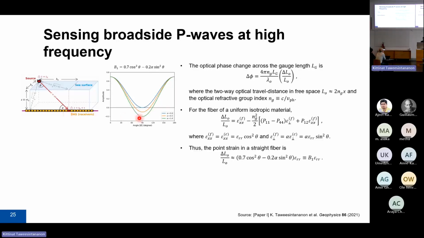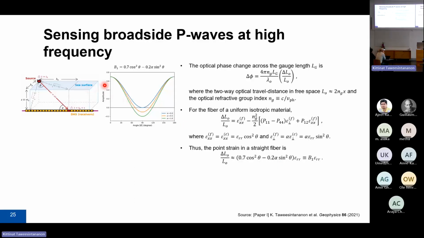So here I simplify this by combining these two terms into this, and alpha is the ratio between the transverse strain of the fiber and of the outer cable, the cladding, I mean. So we can have this.